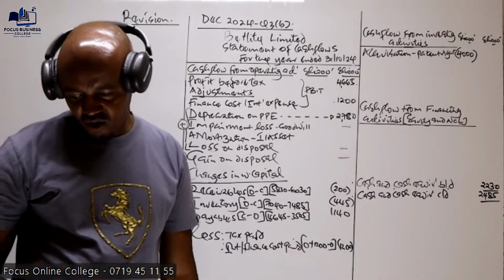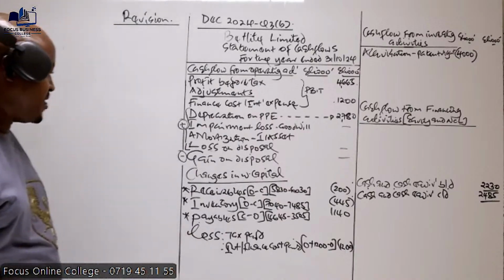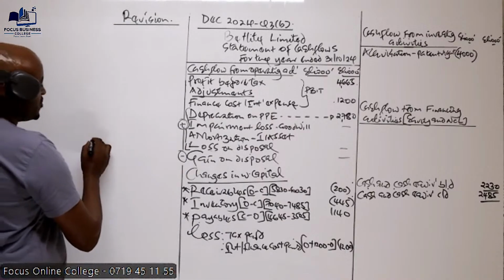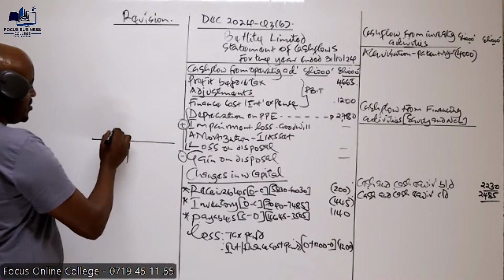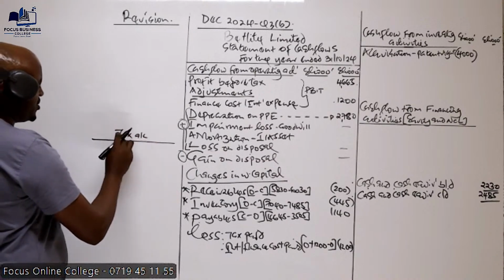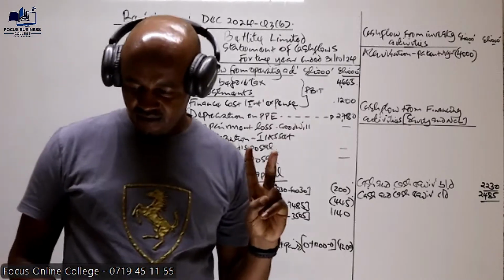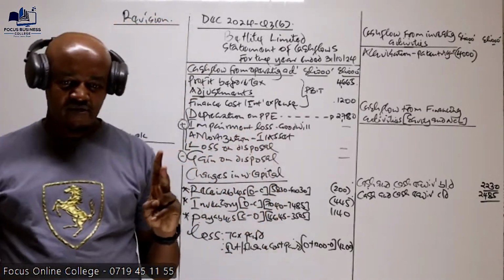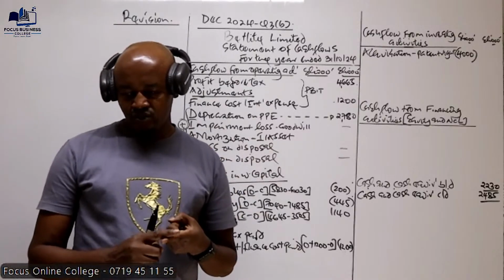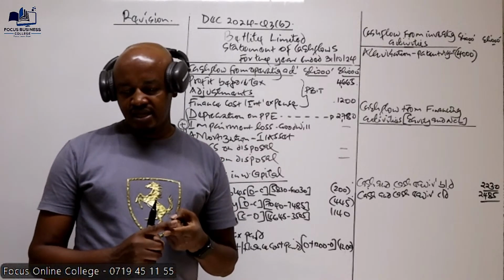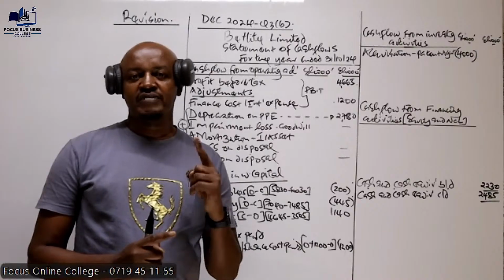And then from there, we need to compute the tax which was paid. For the tax paid, we can prepare a tax account, though it is not a must. In our statement of financial position, we have two components of tax liability. Under the non-current liability, there is deferred tax.